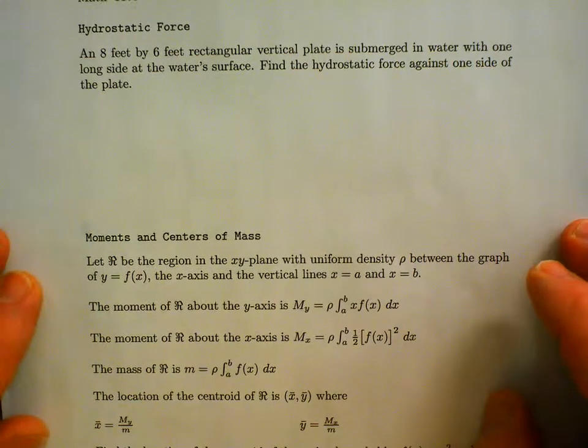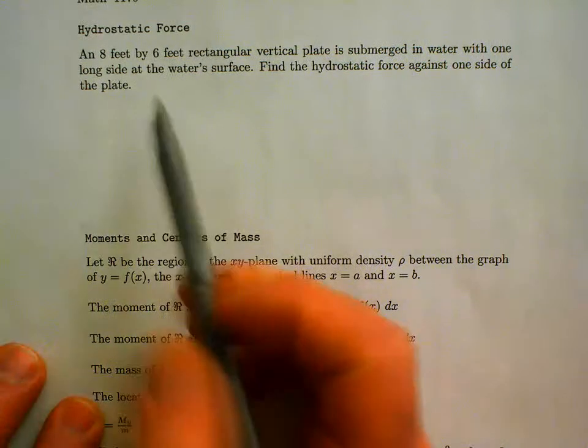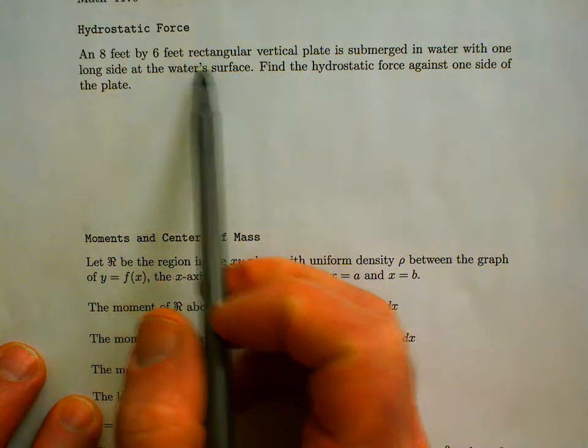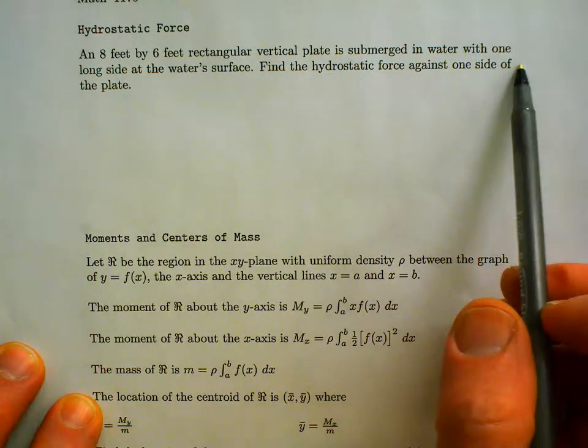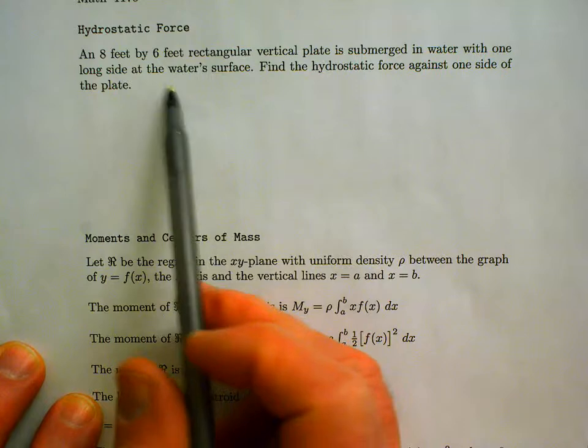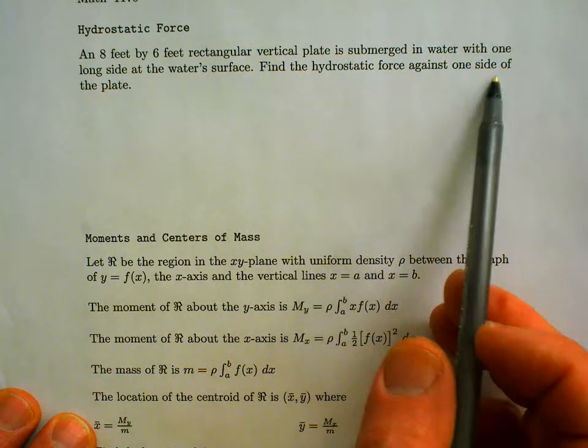So we review hydrostatic force with an example. An 8 feet by 6 feet rectangular vertical plate is submerged in water with one long side at the water surface. Find the hydrostatic force against one side of the plate.